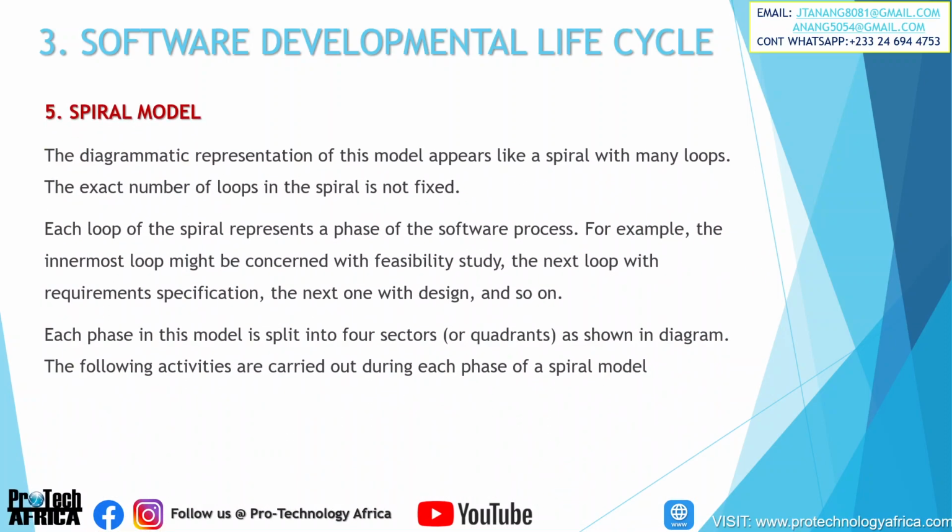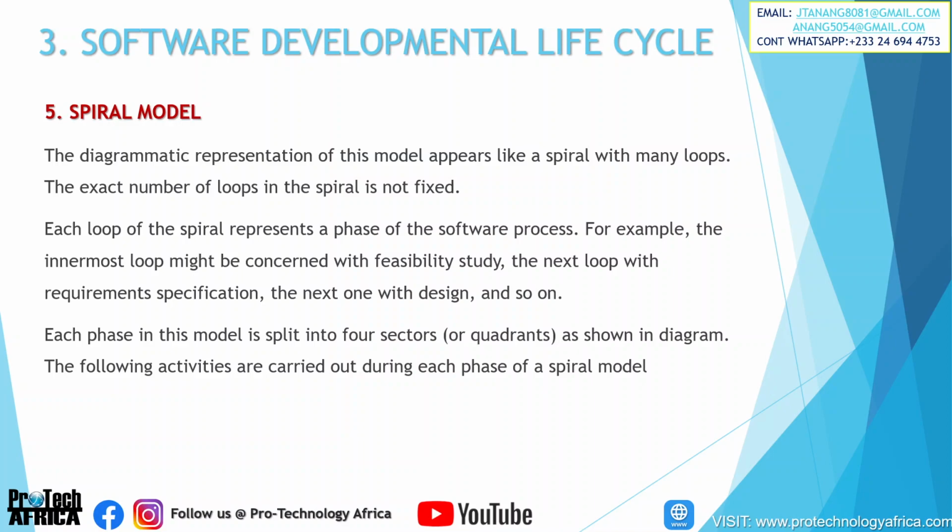Now let's look at the fifth methodology, the spiral model. The diagrammatic representation of this model appears like a spiral with many loops. The exact number of loops in the spiral is not fixed. Each loop of the spiral represents a phase of the software process.